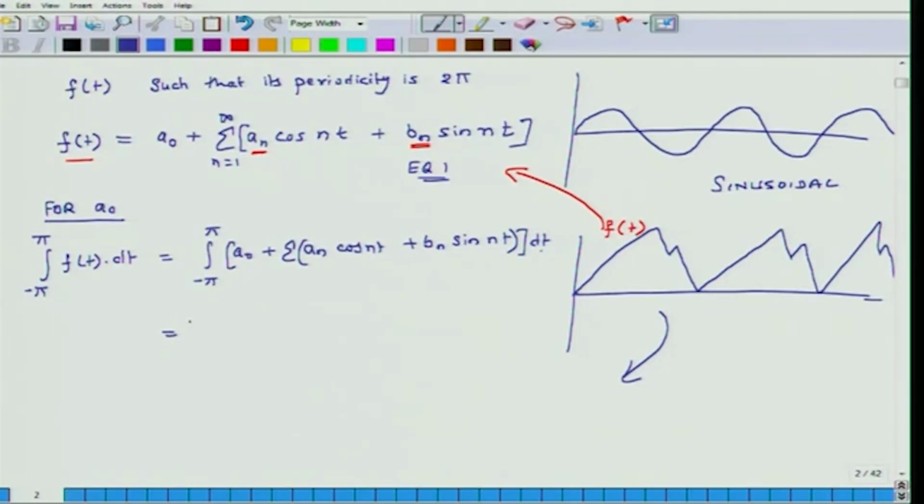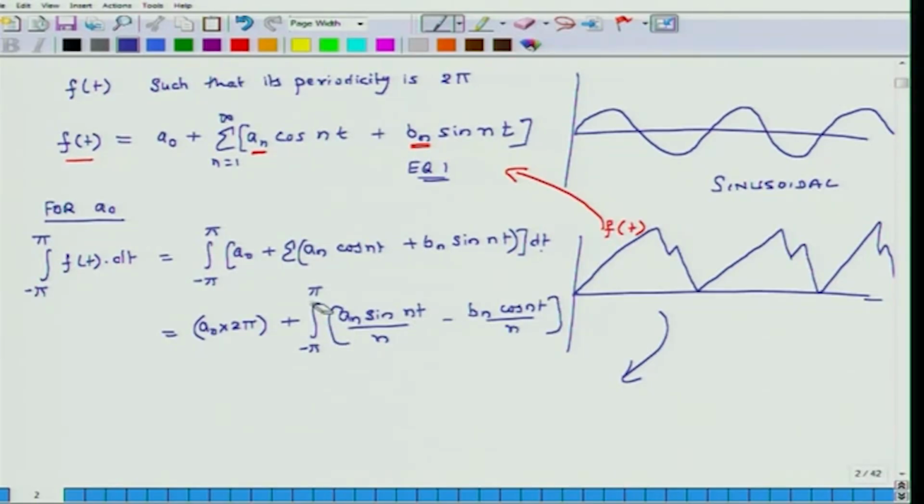So this tells me that I get a0 times 2 pi plus, for the integral from minus pi to pi, a n sine nt divided by n minus b n cosine nt divided by n.